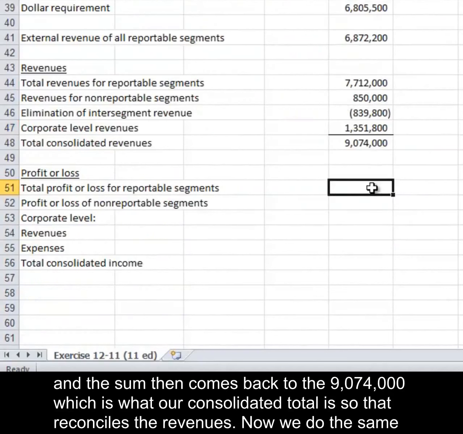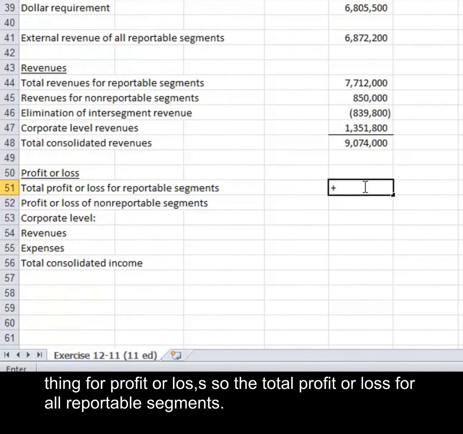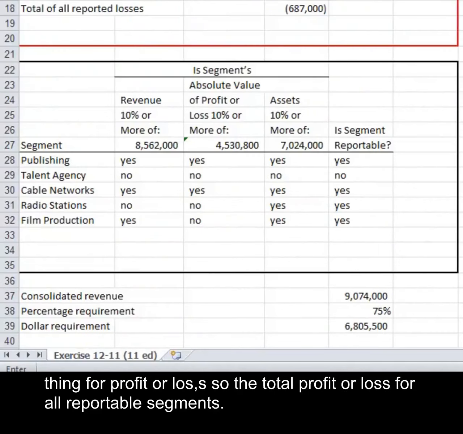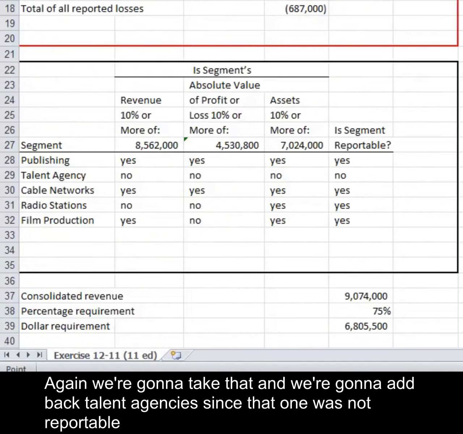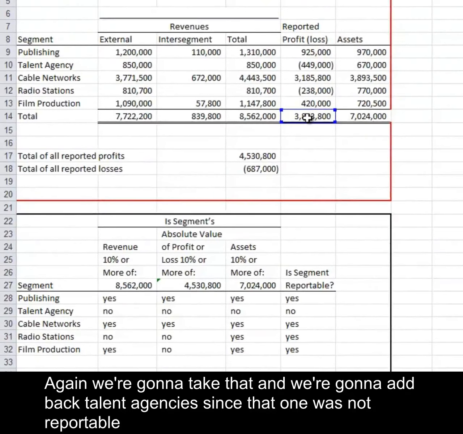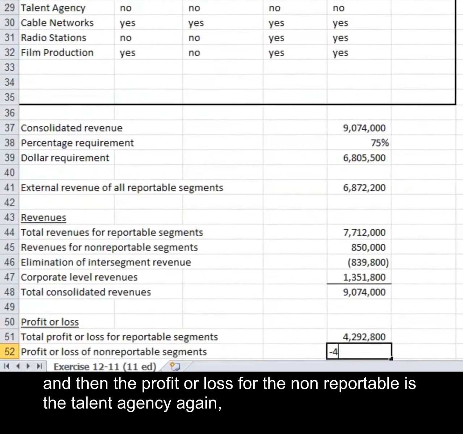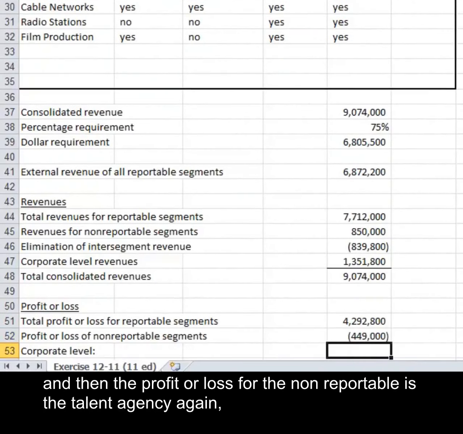Now we do the same thing for profit or loss. So the total profit or loss for all reportable segments, again, we're going to take that and we're going to add back talent agency since that one was not reportable. And then the profit or loss for the non-reportable is the talent agency again.